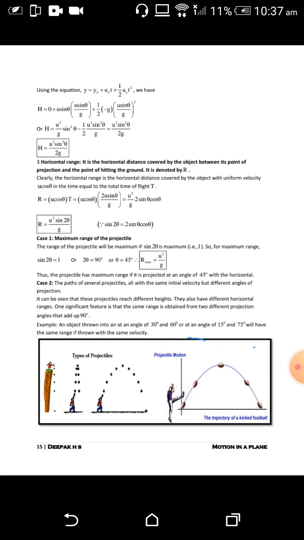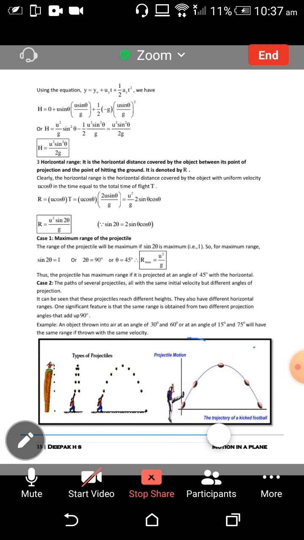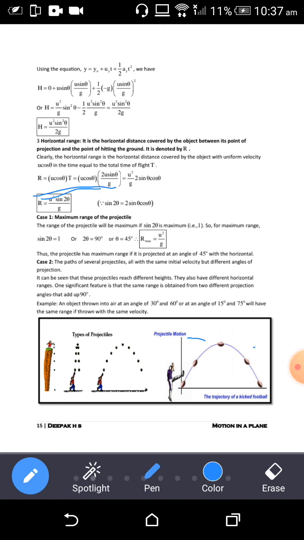So R is equal to u cos theta into capital T. The velocity along the x-axis is u cos theta, and the total time of flight capital T is 2u sine theta divided by g.